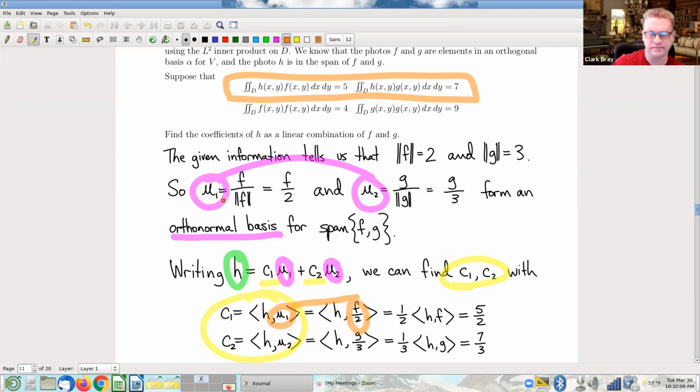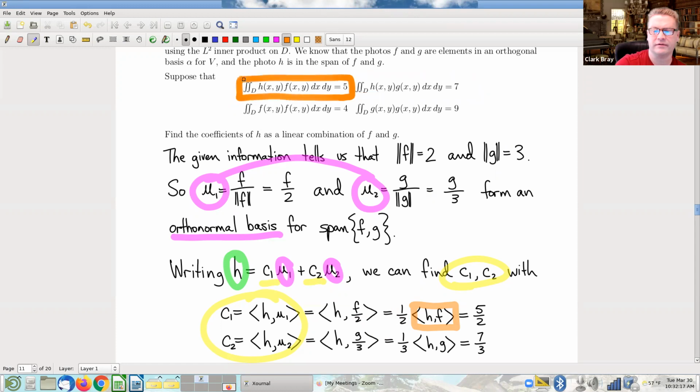By definition, it's f over 2. So I write that down and factor out this factor of a half. And all of a sudden, I've got exactly the information that I have up here. The inner product of h with f is 5. And therefore, that first coordinate in yellow here is 5/2, being 1/2 of that inner product. And then likewise for u2.